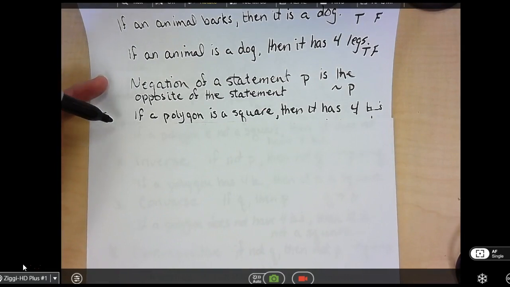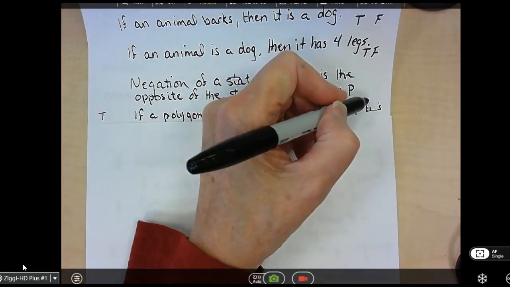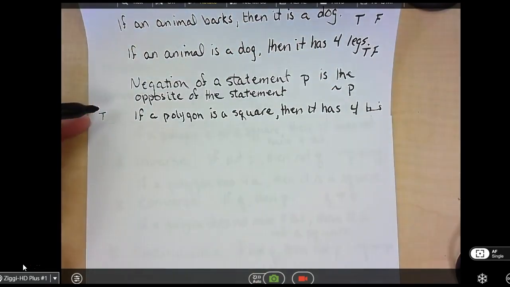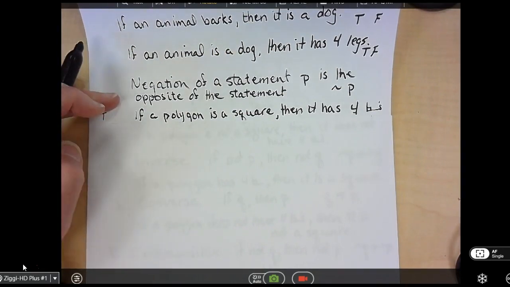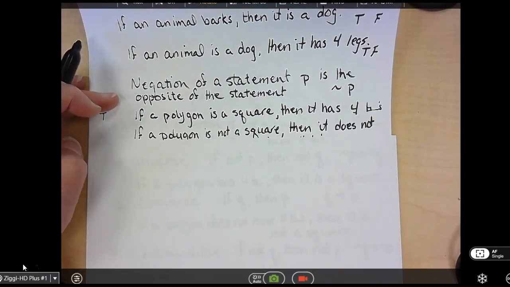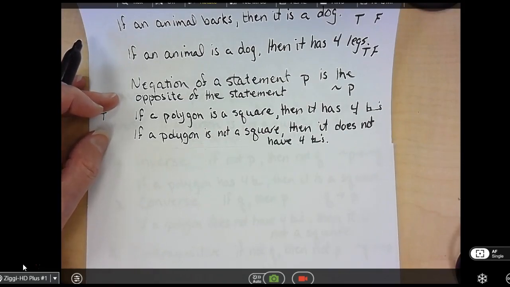So if a polygon is a square, then it has 4 right angles. So I just did the right angle symbol. And that is true. A square always has 4 right angles by definition. So if a polygon is not a square, then it does not have 4 right angles.